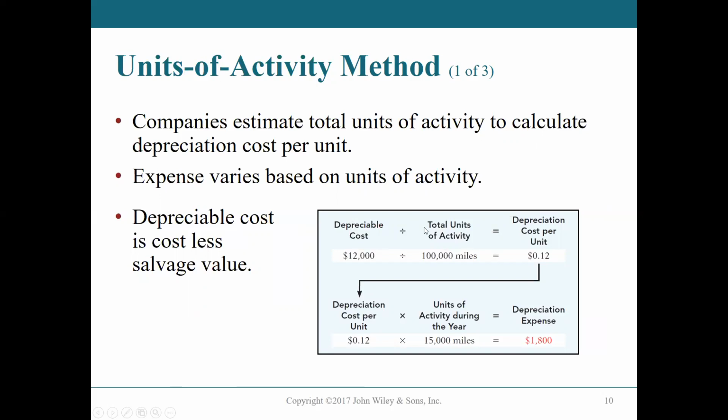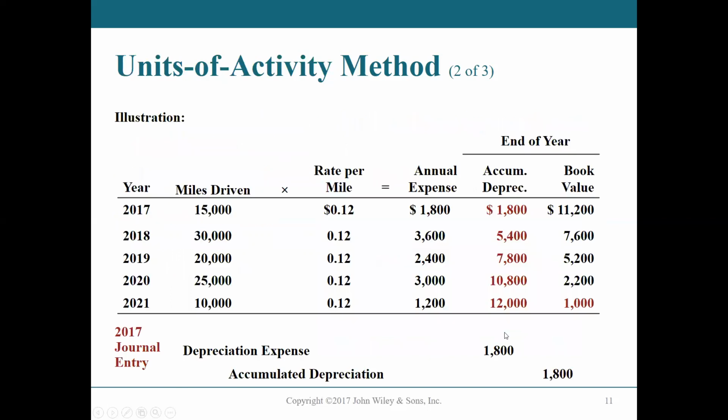For this vehicle, it was 100,000 miles. And then that gives us a depreciation cost per unit, in this case, per mile. So every mile that the truck drives, they're going to depreciate 12 cents. And then each year, you look at how much activity there was during the year, and that tells you how much depreciation expense to record.